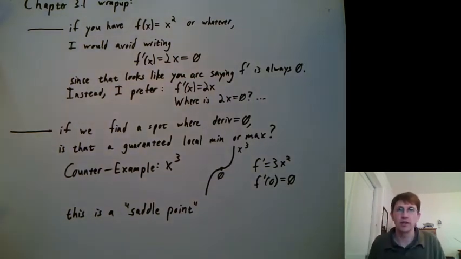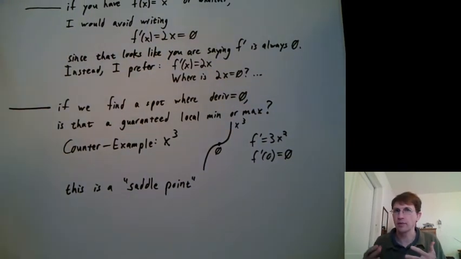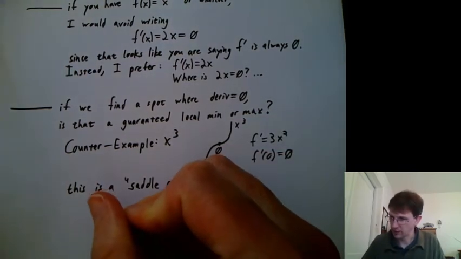Saddle points are important in machine learning, deep learning stuff. Because in high dimensional spaces you can kind of get trapped there because the derivative is kind of 0 there. I mean, it is 0, but you can still do better by going a different way. So it's something to watch out for.